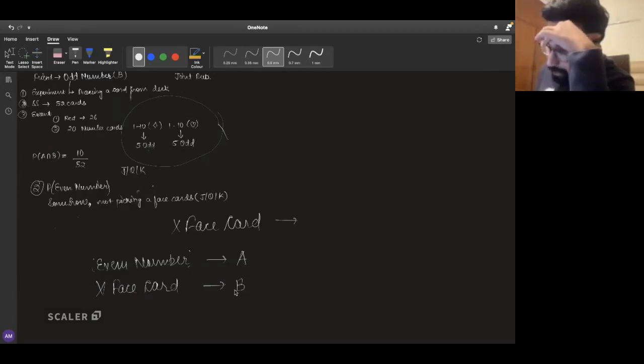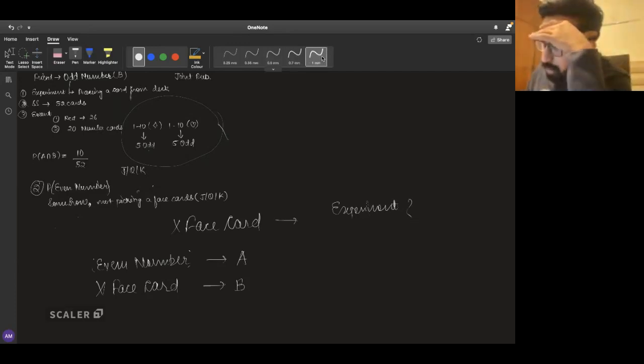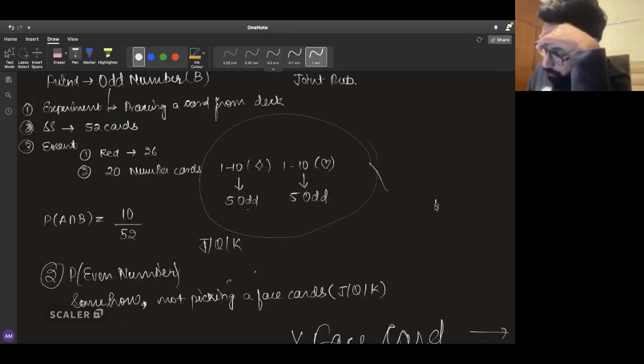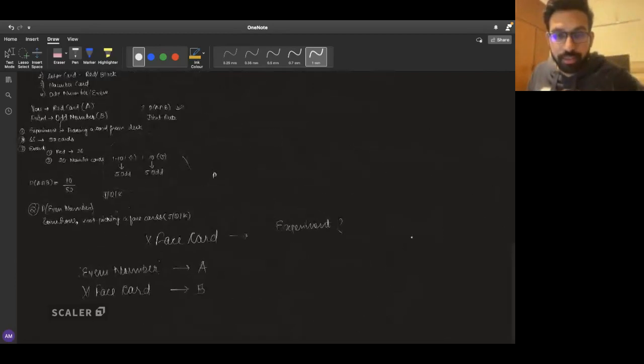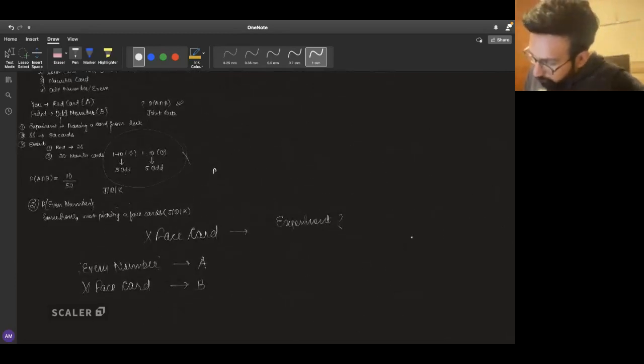What is the sample space here? First, let's talk about what the experiment is. The experiment is picking a card.